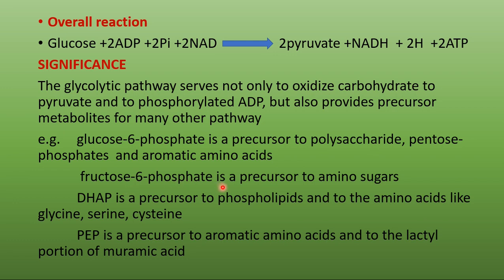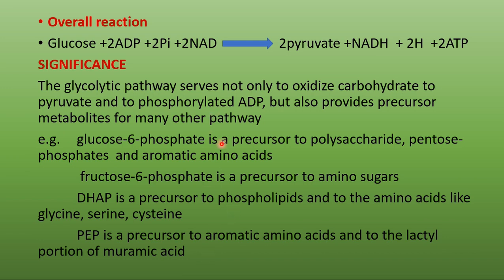Then fructose 6 phosphate is a precursor to many amino sugars, and dihydroxyacetone phosphate, that is DHAP, acts as a precursor to phospholipid synthesis and to some amino acids like glycine, serine, and cysteine. Even the last but one compound, phosphoenolpyruvate, is also a precursor to aromatic amino acid synthesis and to the lactyl portion of muramic acid too.